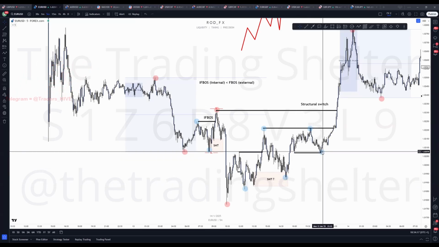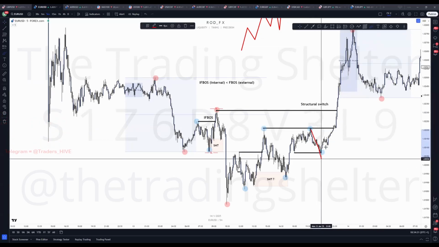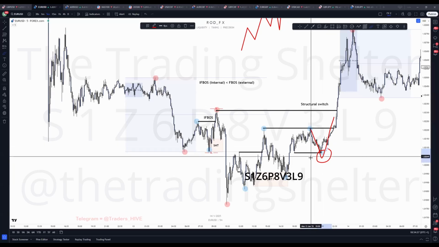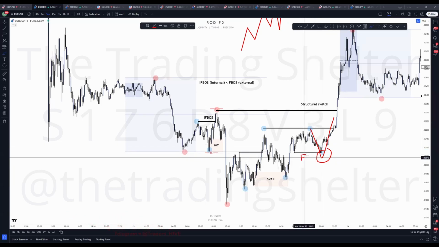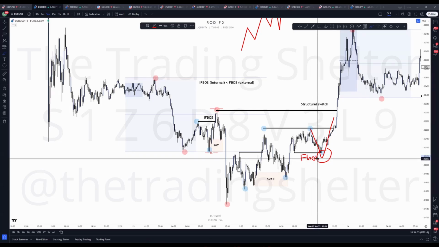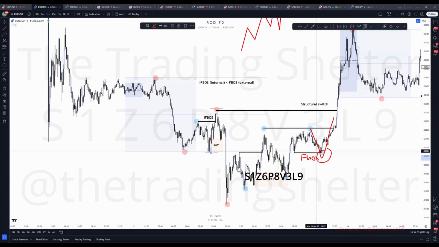If this point would have made a low, would this have been an F boss? Yes or no? Would this be an F boss if it made a new low? Yes or no? I have more no than yes. Can you guys tell me why?